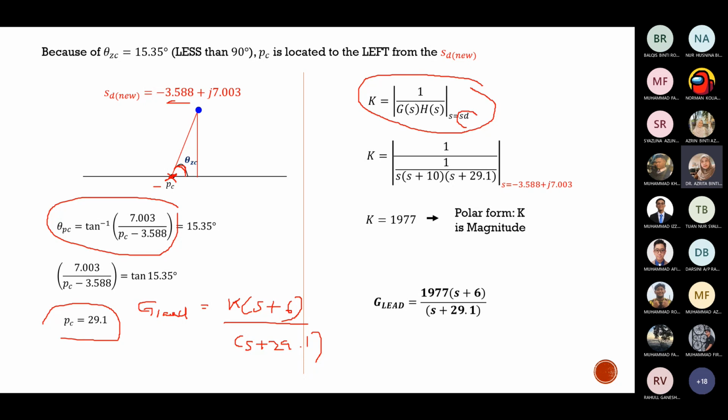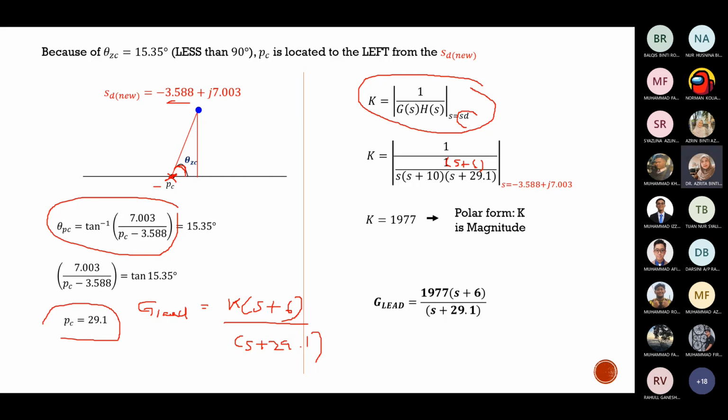In this equation, we have S plus 6 from the lead compensator, S plus 6 over S plus 29.1.